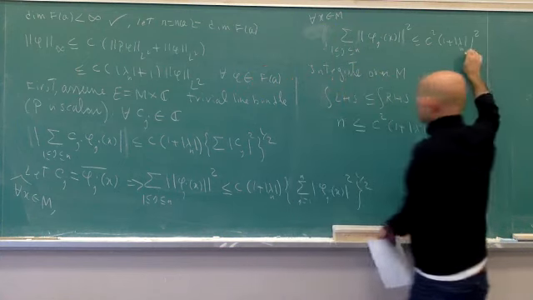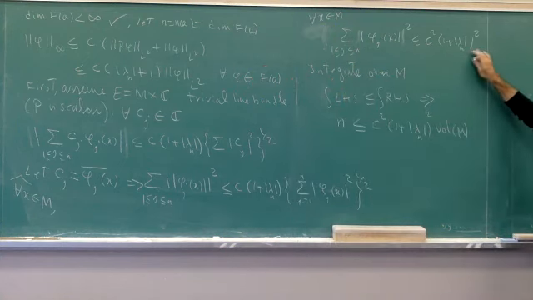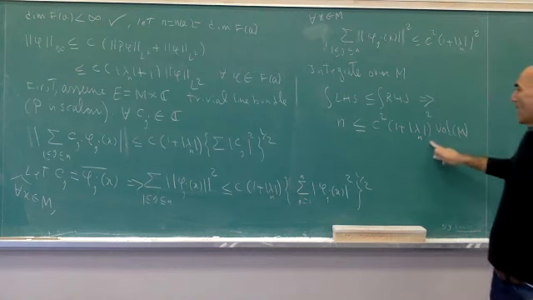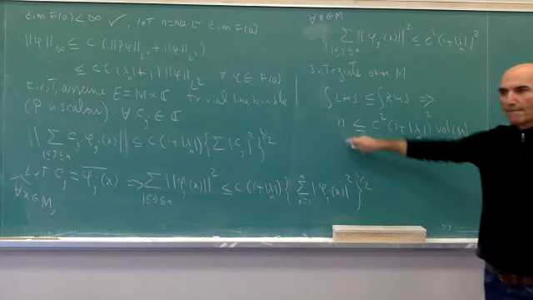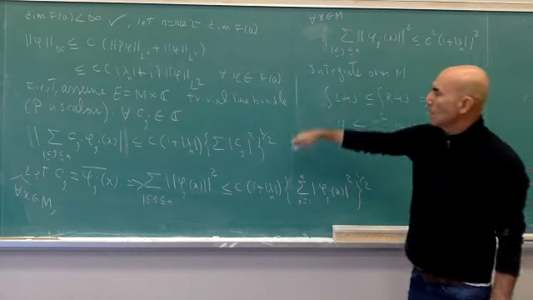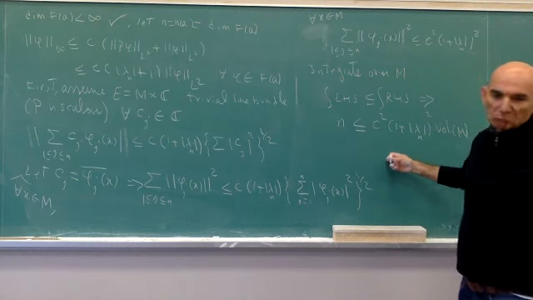Because the right-hand side is x independent. It's just a constant. It just depends on n, but it doesn't depend on x. So you integrate, you get the volume. So if you believe in this up to here, then the rest is something.